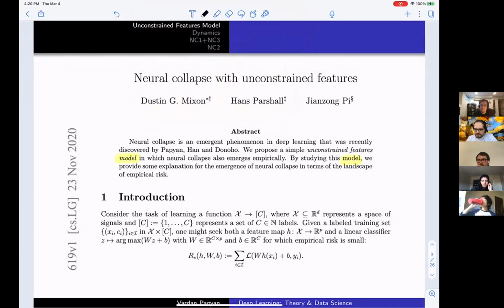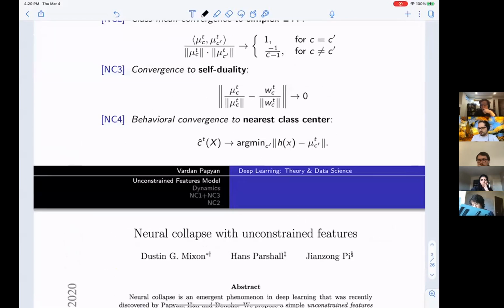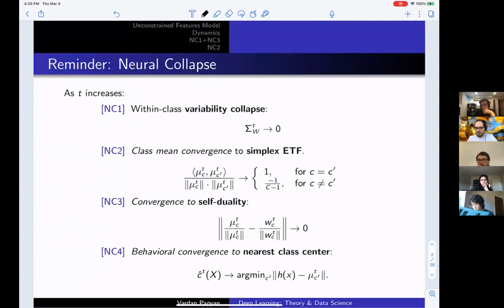Could you repeat what the constraint was on the features in previous work? When you say previous work, what do you mean, Jack? The neural collapse work? Previous to this paper. You mean, for example, in this slide, what is the constraint on the features?